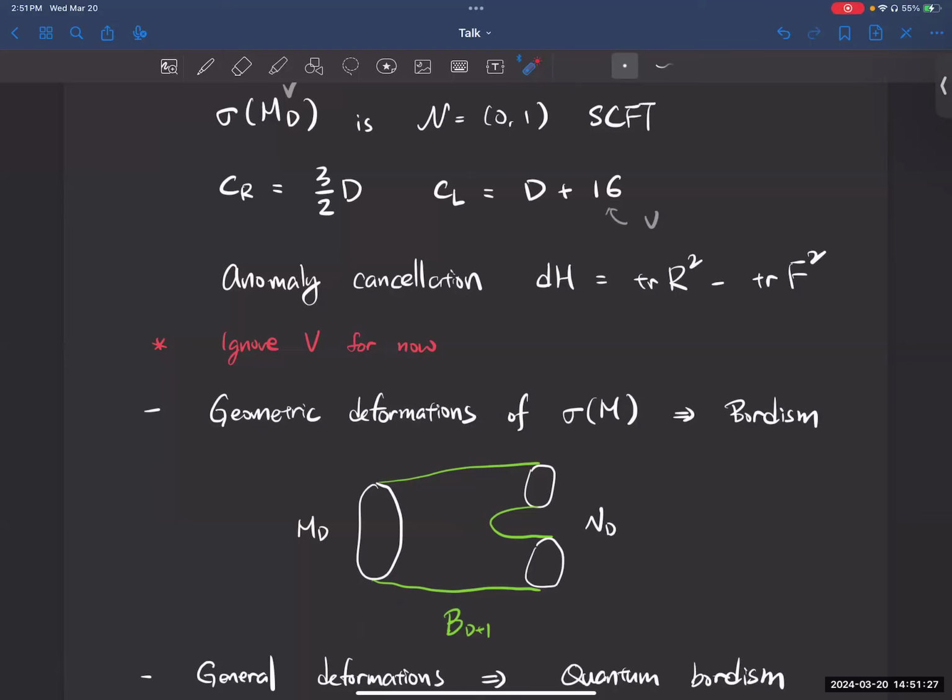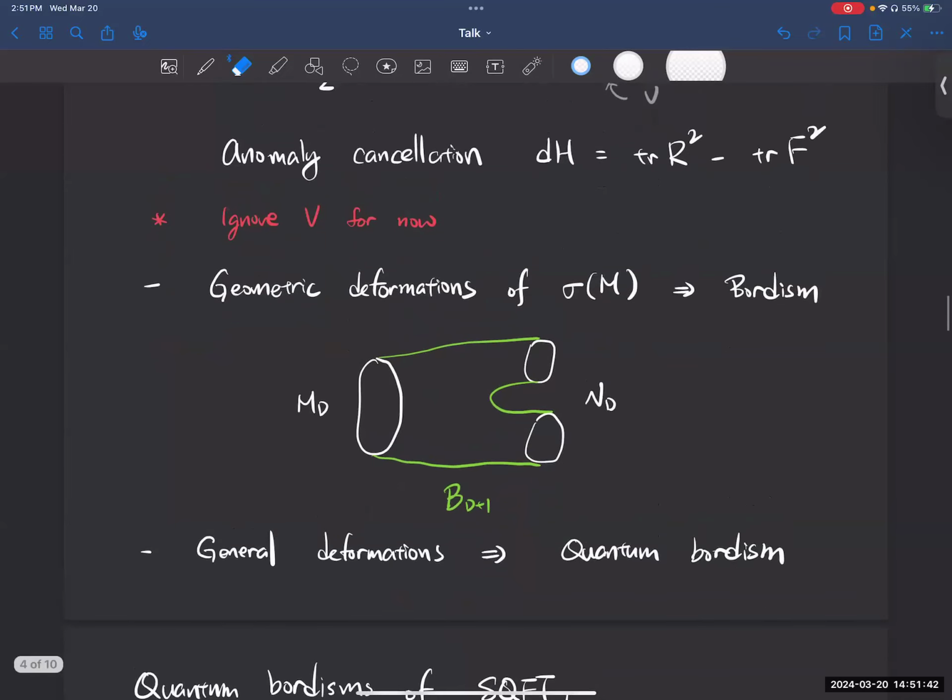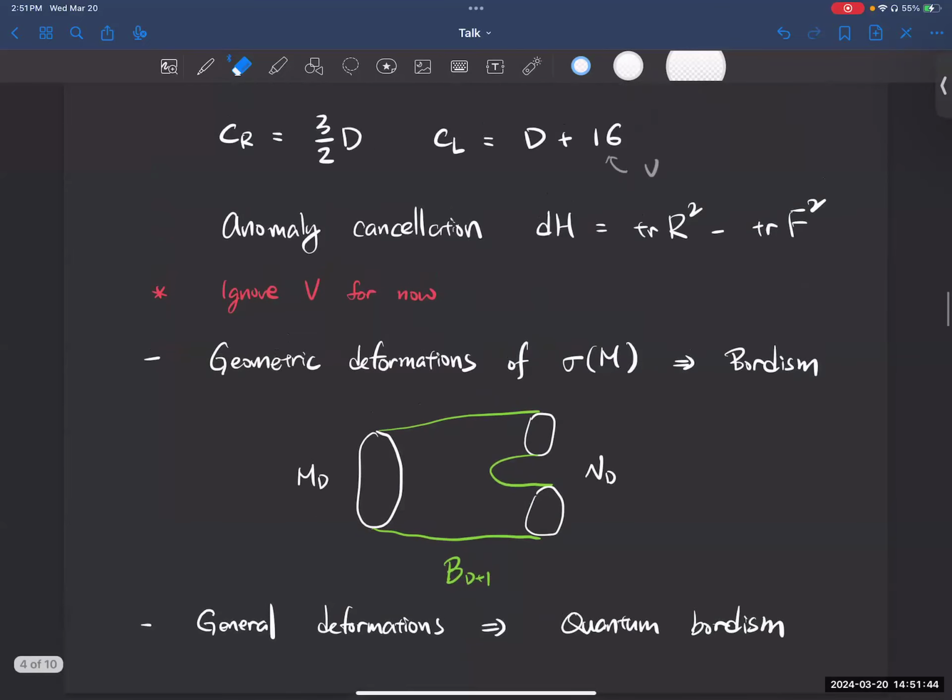Some of those deformations can be considered geometric in the sense that you're still within the class of sigma models. You're just changing the M or changing whatever structure you put on M. And these geometric deformations are characterized by bordisms, which I depict in this cartoon here.